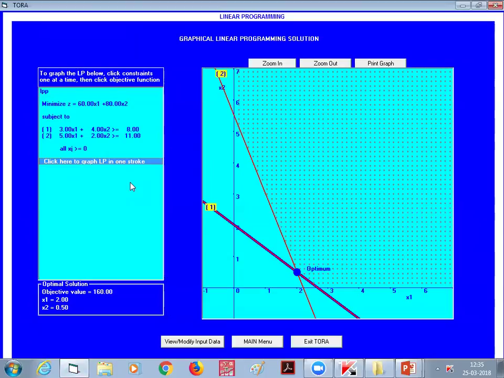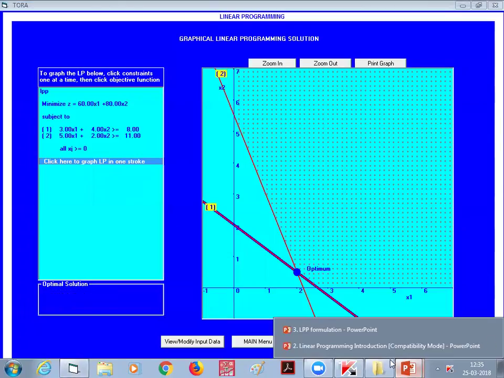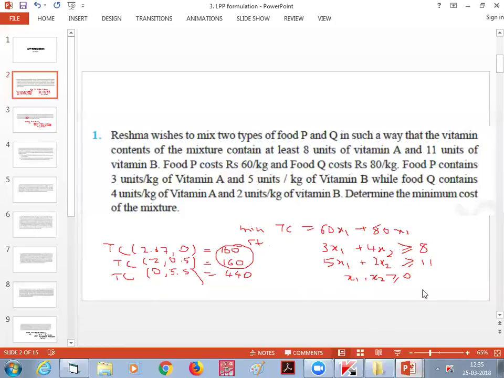So actually, both of them are identical, so all points on this line will be optimal. All points between that 2, 0.5 and 2.67, 0 will be optimal actually. So this is a very special case. It's not just this point, but all points on that line will be optimal. All right, so did you understand now?